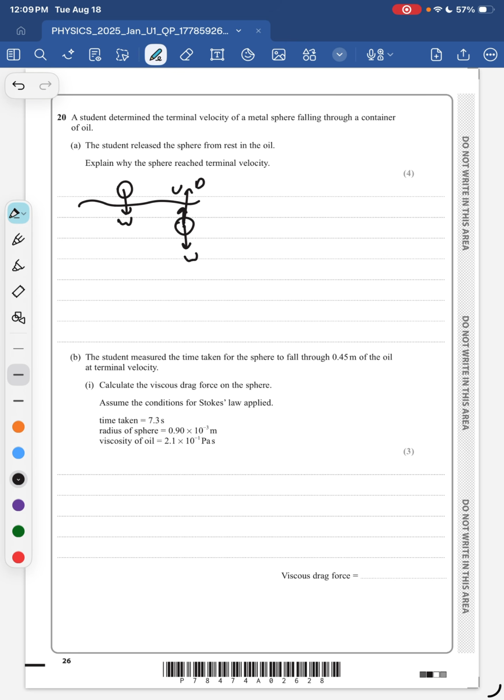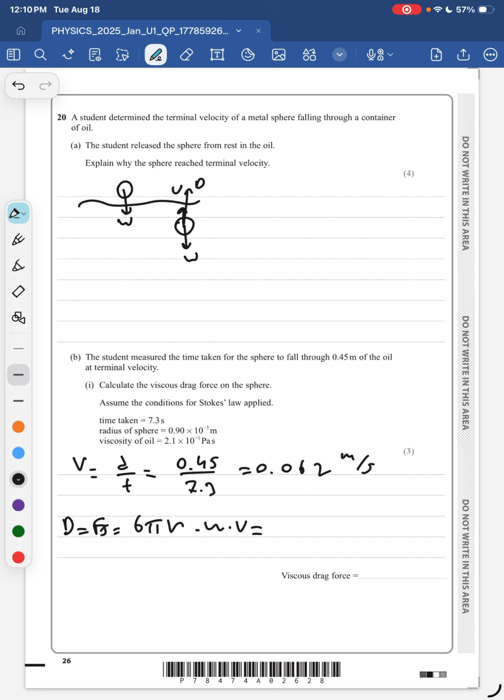So the velocity is distance per time. 0.45 meters over 7.3 seconds yields 0.062 meters per second. So the drag force, which is the Stokes force, is 6 pi times the radius of the sphere times the viscosity times the velocity.